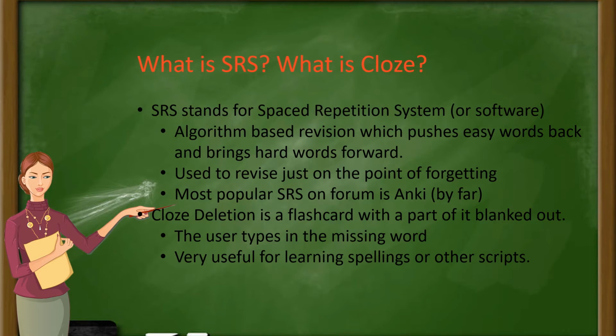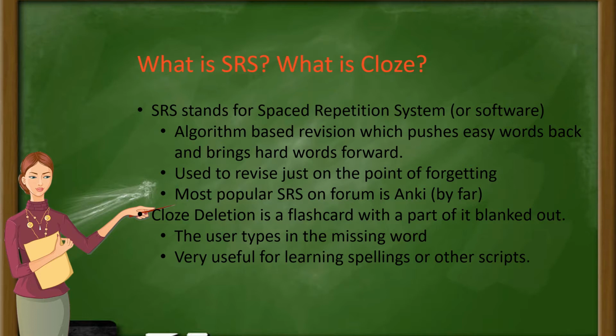SRS stands for Spaced Repetition System. It's a scientifically proven method for learning and for memory retention while minimizing unnecessary revision. SRS is the most potent way to build your vocabulary when learning foreign languages, and it is in fact a great way to learn just about anything.